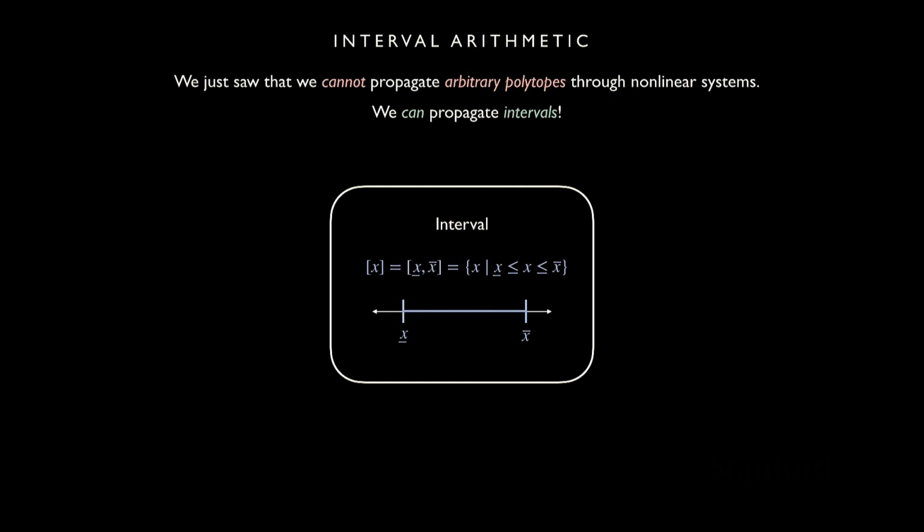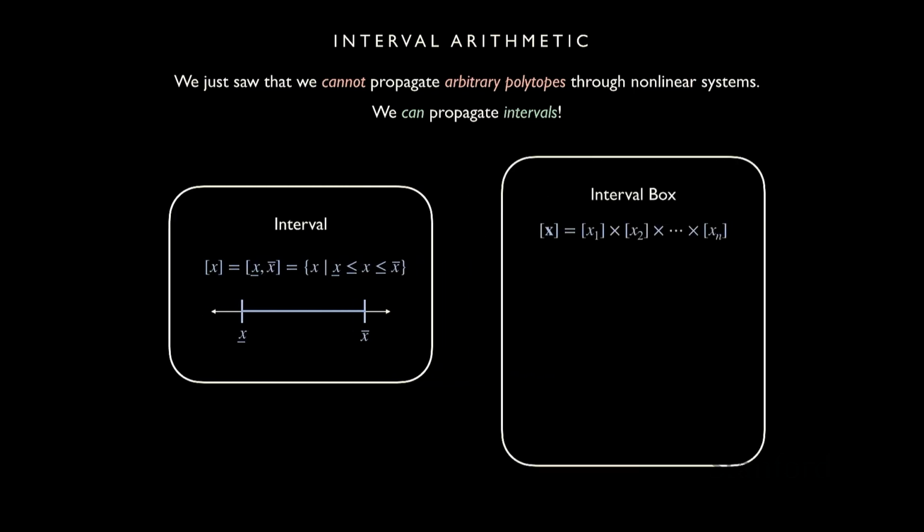We can go beyond just 1D though. When we do that, we end up with what we call an interval box. To do that, we just take the Cartesian product. So this here is the Cartesian product of a bunch of one-dimensional intervals. We represent that with the same brackets, but x is now boldfaced because it's a vector, more than one dimension. To see what that looks like, imagine we take 2 1D intervals, x1 and x2.